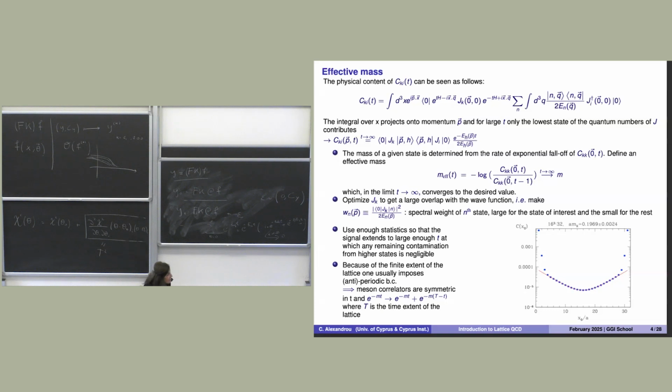If I take minus the logarithm, I get the mass of my hadron. This is called the effective mass. It depends on time, but in the infinite limit it goes to a constant. So asymptotically I should see this ratio of correlators go to a constant. This is what I look for in my simulation, in my analysis, and I will show an example of such an analysis.